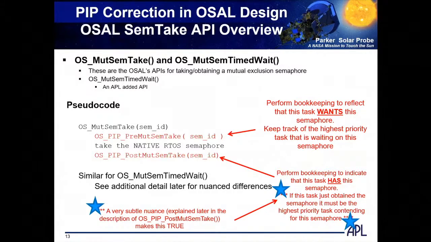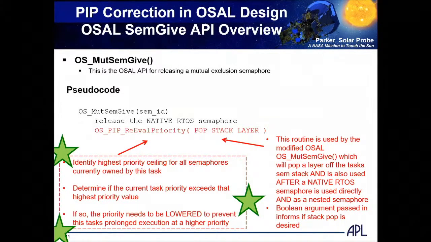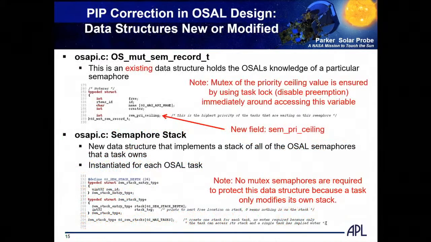A lot of the magic was in that bookkeeping, but really the solution was, when you release the semaphore, to reevaluate the priority. So I'm going to just show some of these slides and not really talk about them, because I did want to move on to something else to wrap up the workshop.